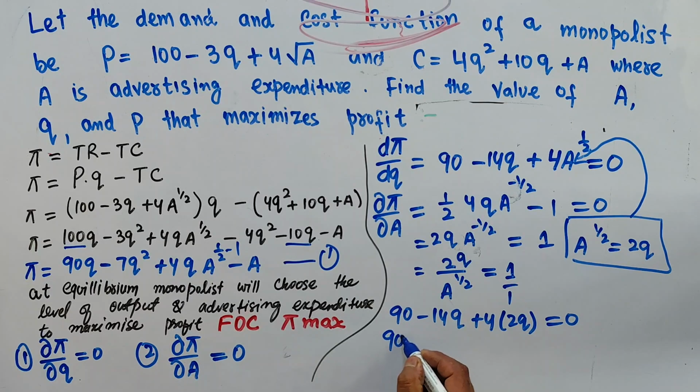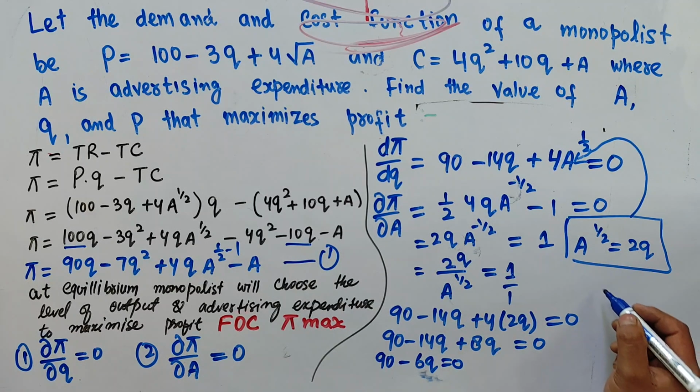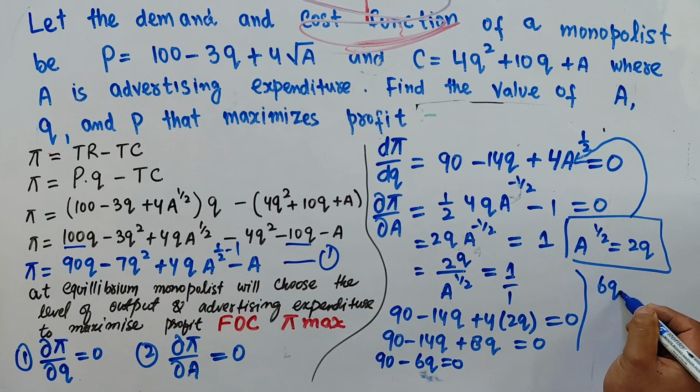So we have 90 minus 14q plus 8q is equal to 0.